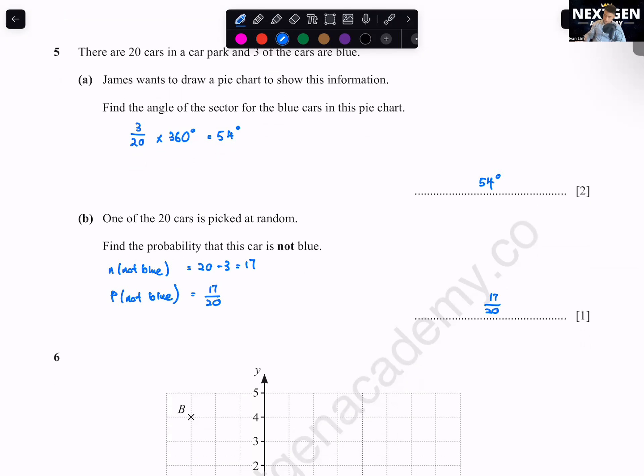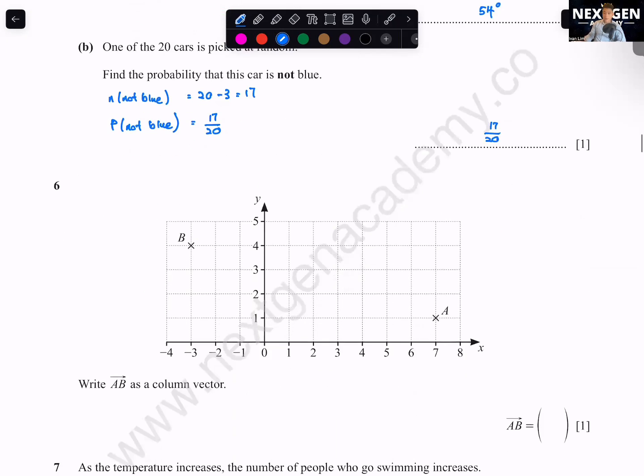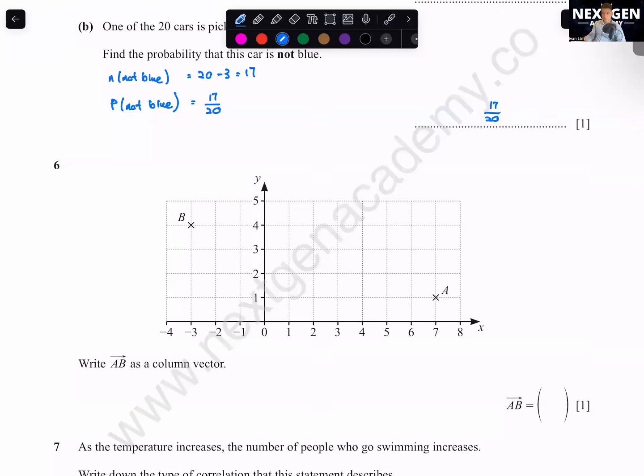Okay, next one. Question 6. Write AB as a column vector. Do you know what a column vector is? Column vector means it is made up of X movement and Y movement. So from A to B, how many X and how many Y? So the X is here. From A to B, so this is from A to the left.